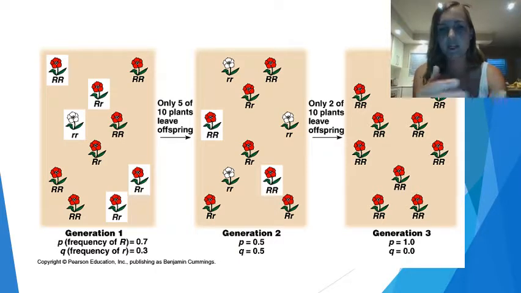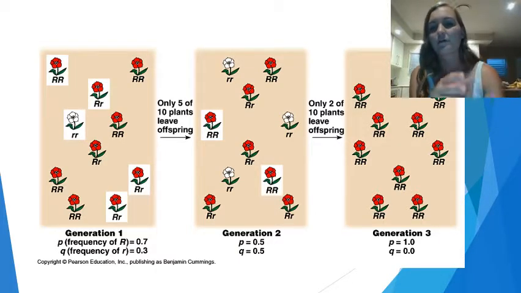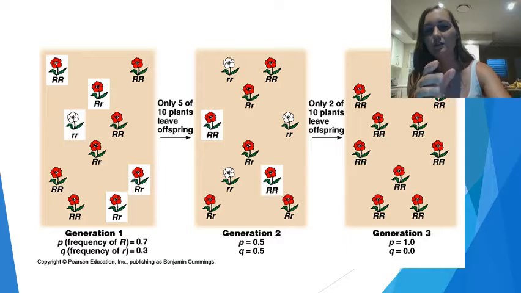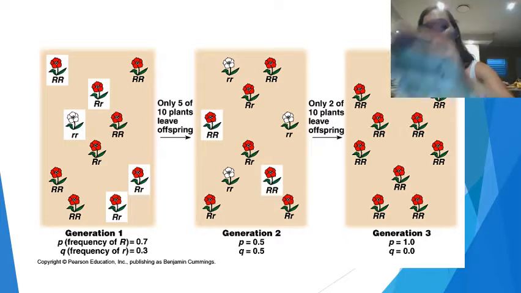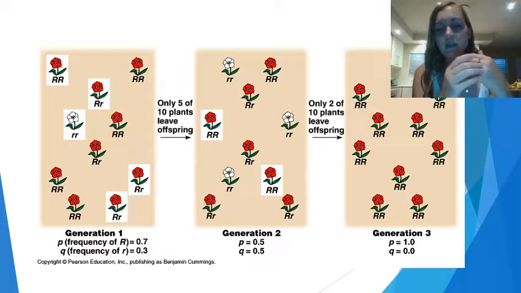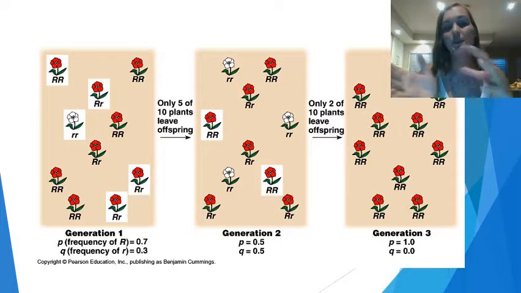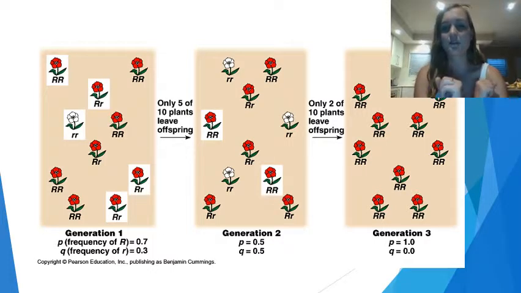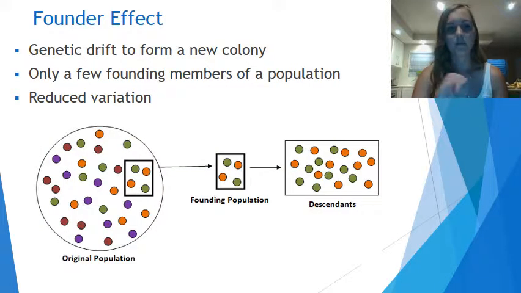Now, by complete chance, only 2 of the 10 plants leave offspring in the next generation, and because it's such a small population, you can see that generation 3 contains the red phenotype only. So the white phenotype has been lost due to genetic drift. It's the chance occurrence that this will happen. It's nothing to do with selection.